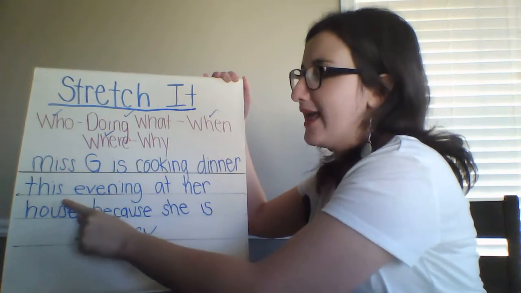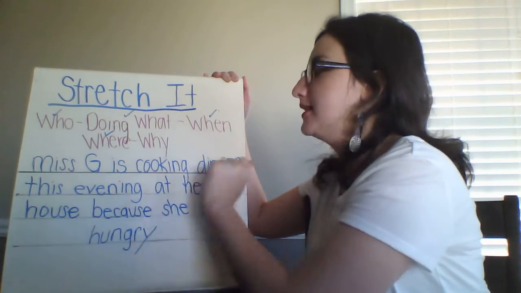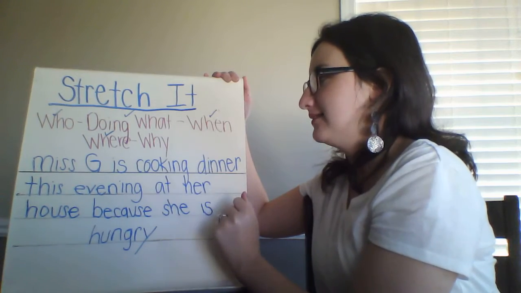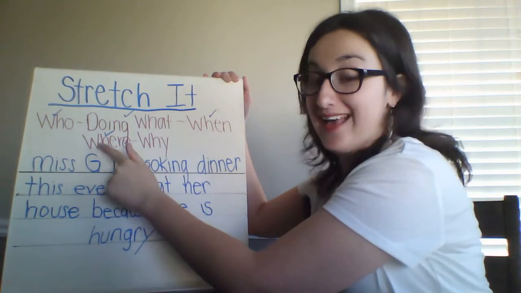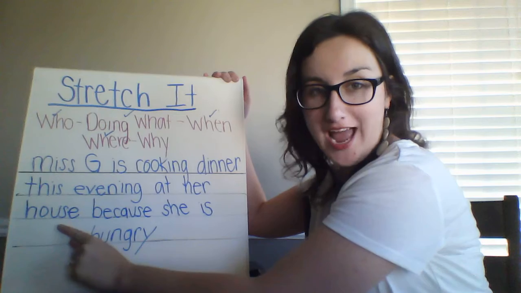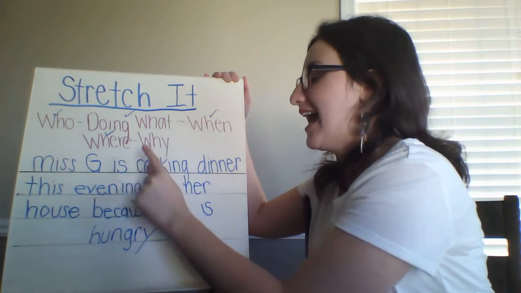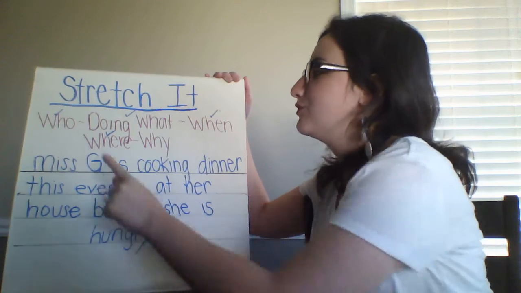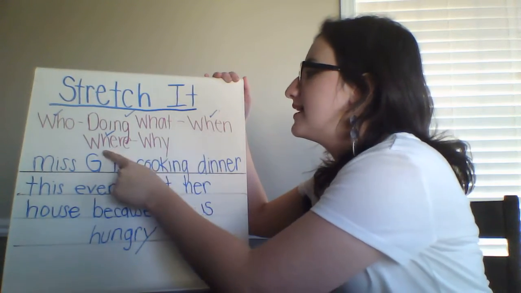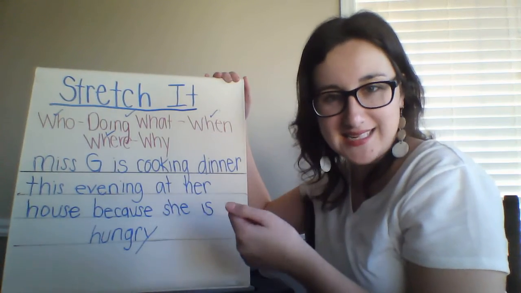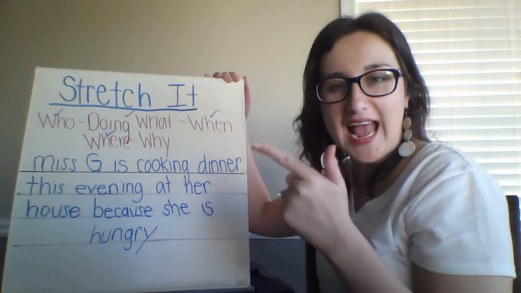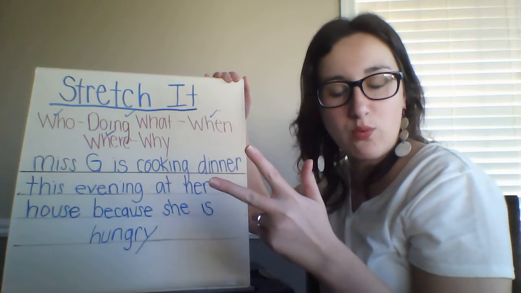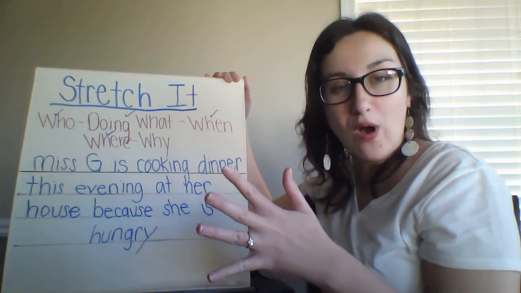I have a when, this evening. I have a where, at her house, and I have a why, because she is hungry. I used all of these in my sentence. I have a who, I have a doing what, I have a when, a where, and a why.